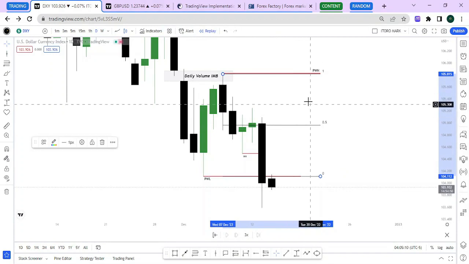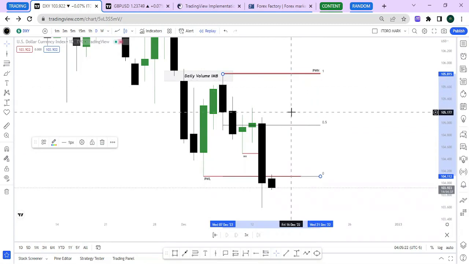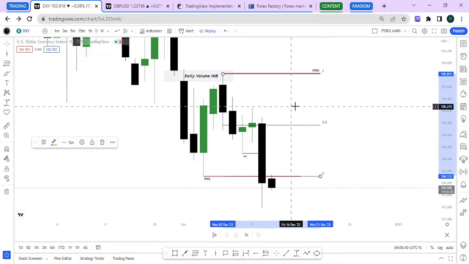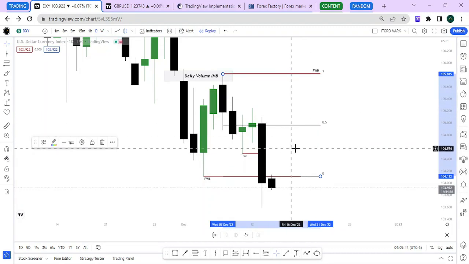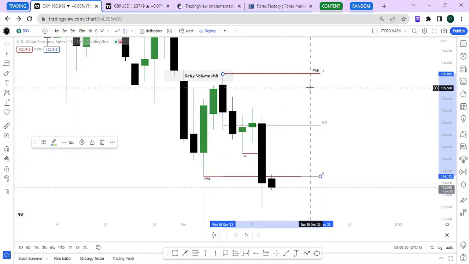Equilibrium is just a fair value price, while premium is an expensive price where you could sell from. You buy at discount, a cheap price, and you want to be selling at a very expensive price.